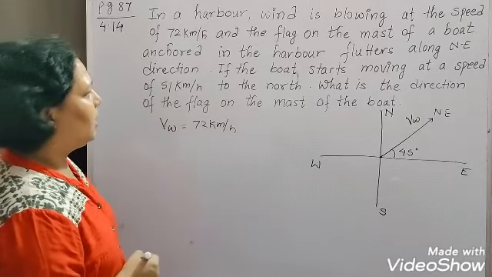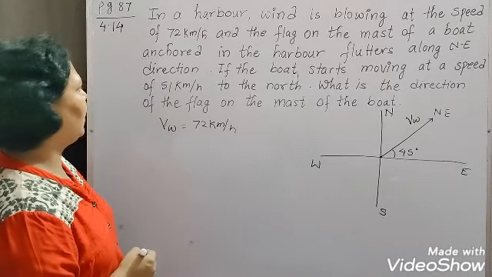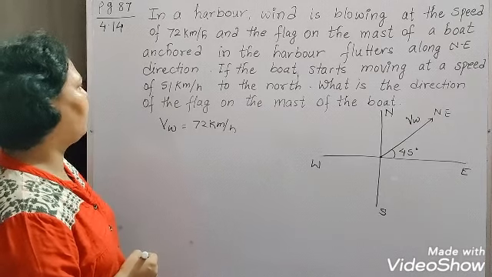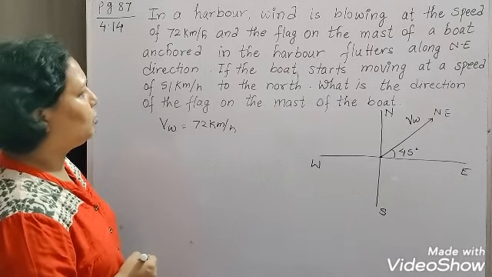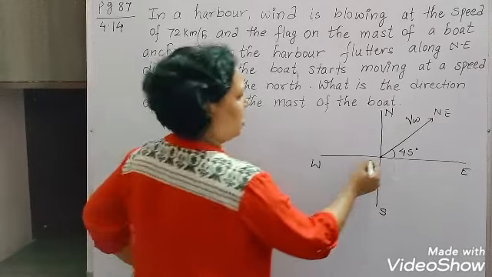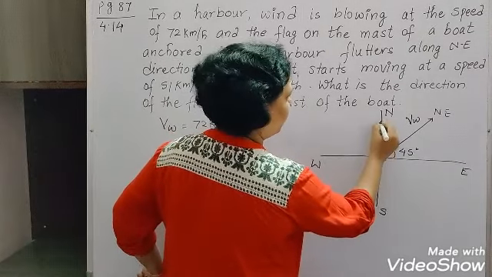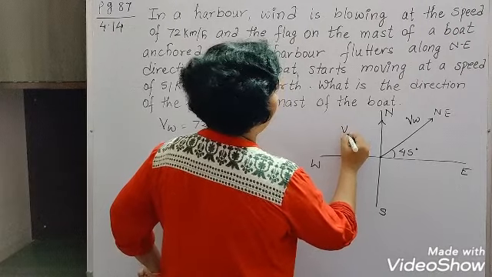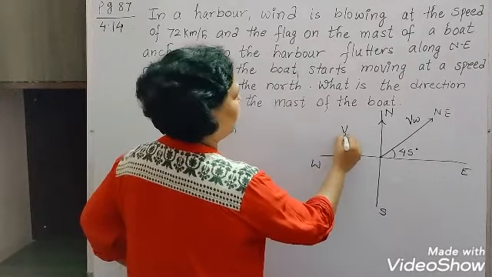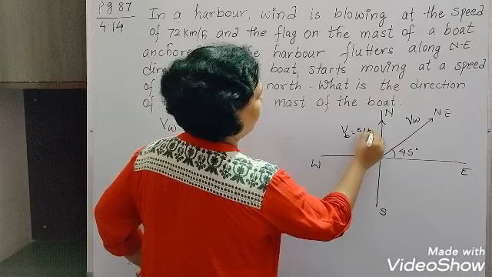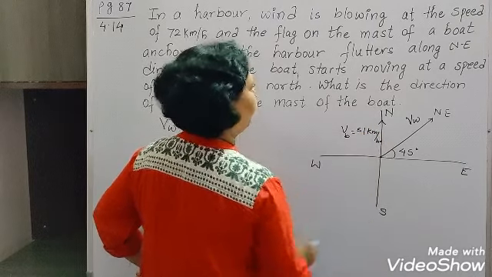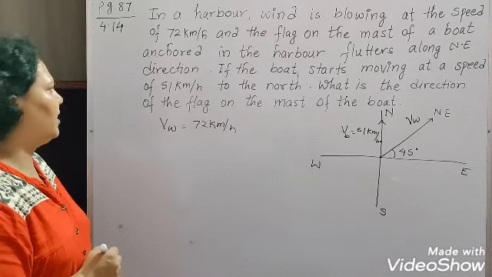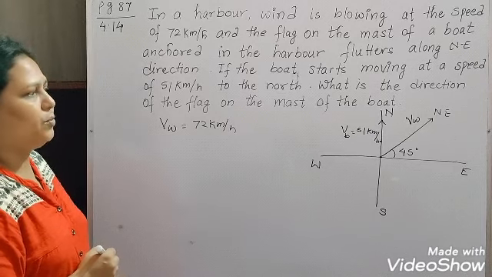Now, if the boat starts moving at a speed of 51 km per hour to the north, that means from here the boat starts moving towards the north with a speed of 51 km per hour. Okay, so it is moving in this direction to the north. What is the direction of the flag on the mast of the boat?